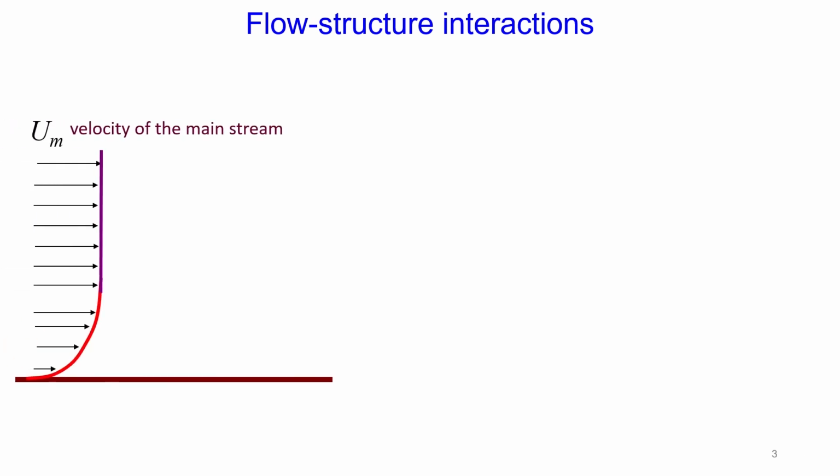Assume you have a mainstream flow. If you put a splitter plate, so this is my splitter plate, my flow is from left to right, and as soon as the flow is approaching the splitter plate, the boundary layer starts developing.